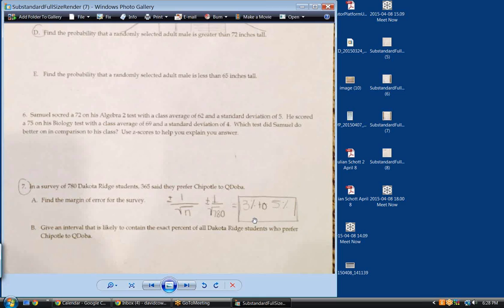How did you get it? I did 1 over 365, so I gave it like 3% to 5%. So 1 over the square root of 365 is 5%? Well, it's 5.2 or 0.52.